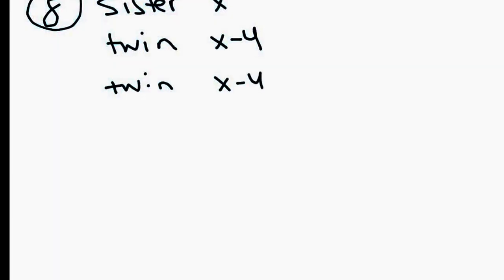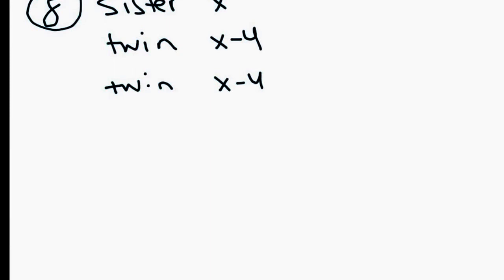So let's call the older sister X, because we don't know how old she is yet. That means that the twins are each 4 years younger than her, and they have the same algebraic expression.